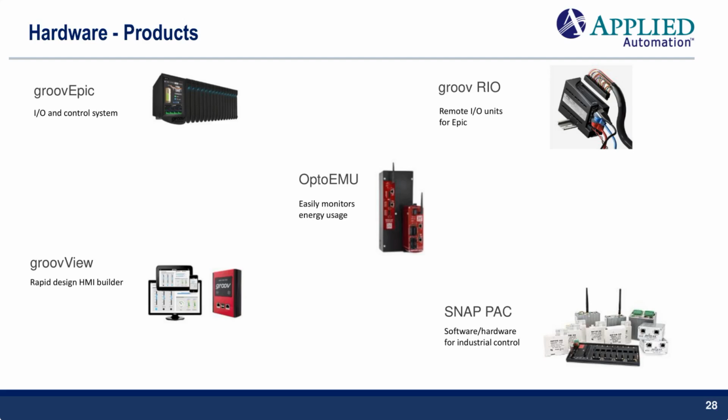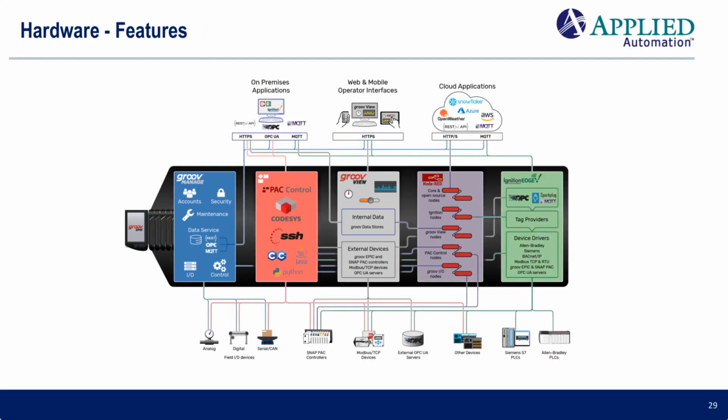They have one that is strictly for energy monitoring usage, and then one that is a complete control system. So it's a very custom approach to being able to put any of these units into a customer's environment and for it to be able to monitor and gather and collect that data in a comprehensive way.